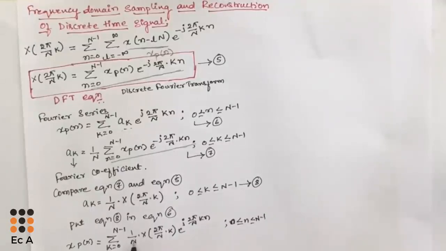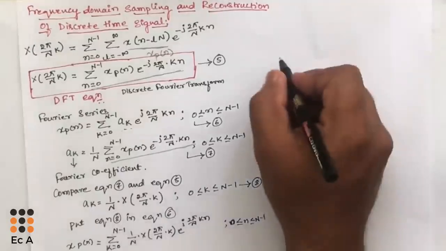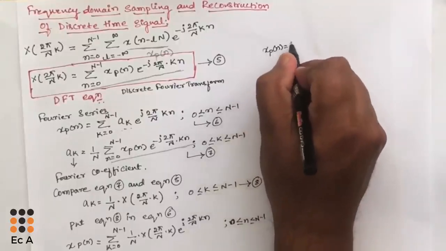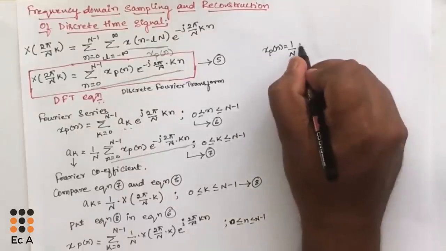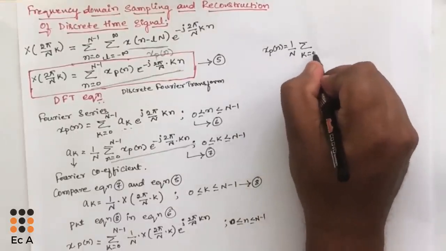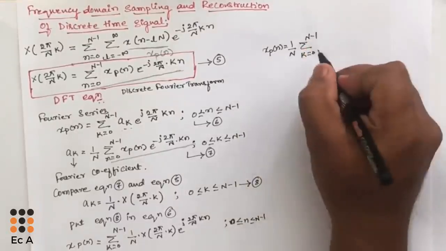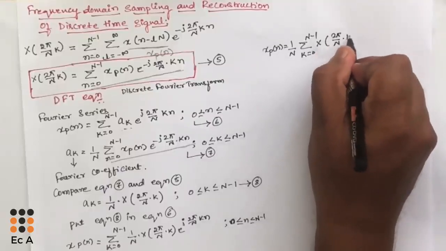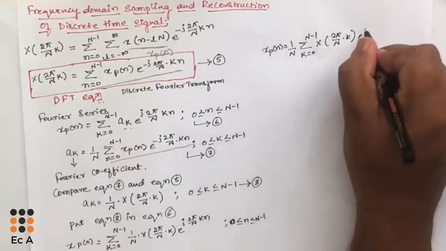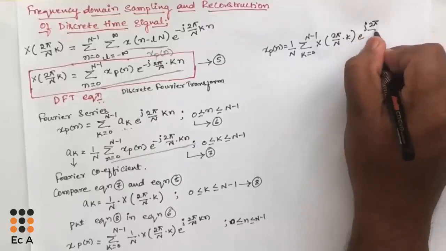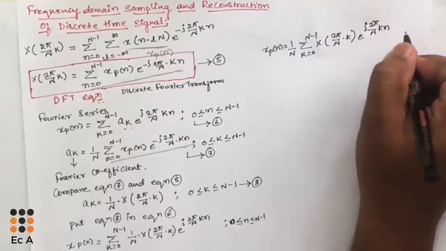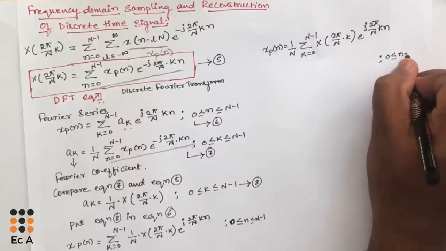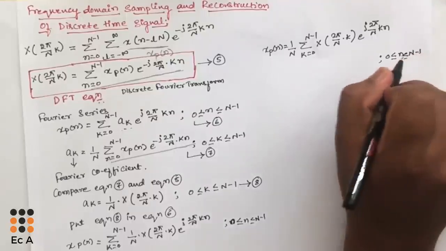Now let us take 1 by N outside the summation and we can rewrite the above equation as xp of n is equal to 1 by N summation of k is equal to 0 to N minus 1 X of 2 pi by N into k e to the power of j 2 pi by N kn for n value ranging from 0 to N minus 1.